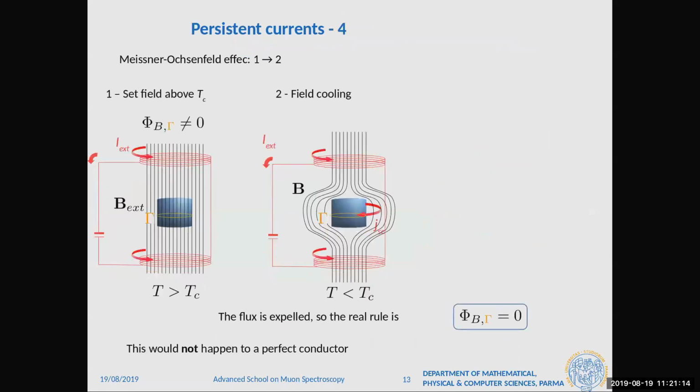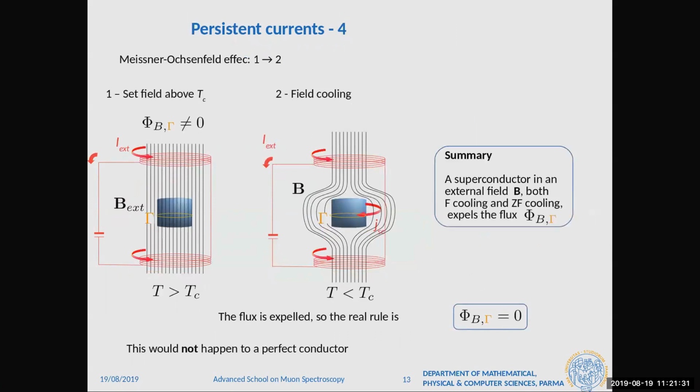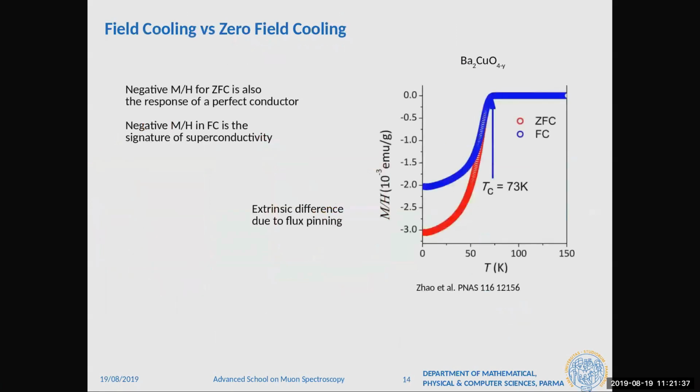Contrary to this, the real superconductor expels the flux immediately as the transition temperature is reached. So the real rule is not to obey the Faraday law, but to not have any flux inside. So this is the rule. The superconductor is really a different state, and this is the quantum coherent nature of the state.